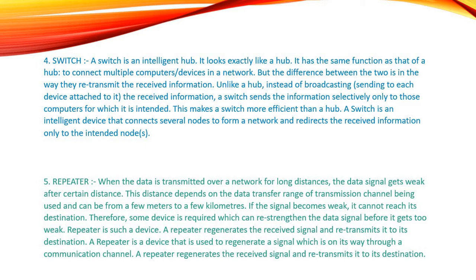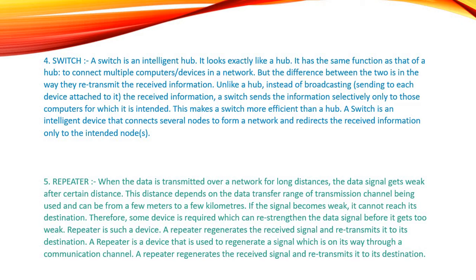A switch is an intelligent device that connects several nodes to form a network and redirects the received information only to intended nodes. After that, the repeater. When data is transmitted over the network for a long distance, the data signal gets weak after a certain distance.